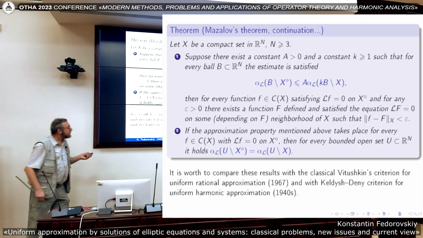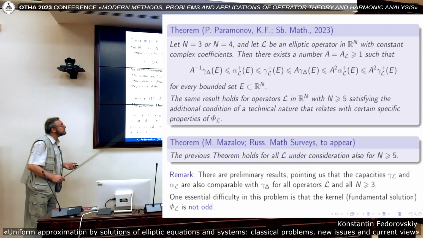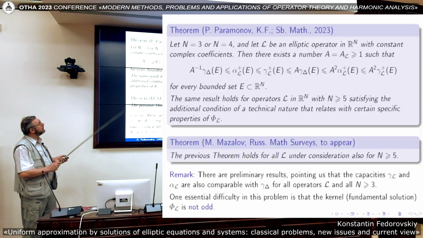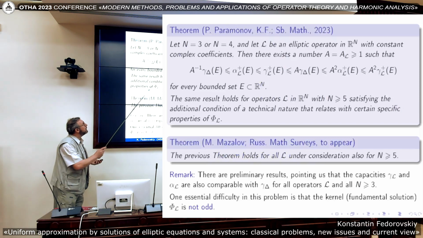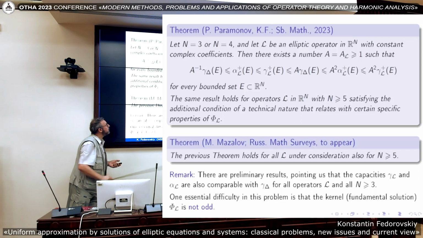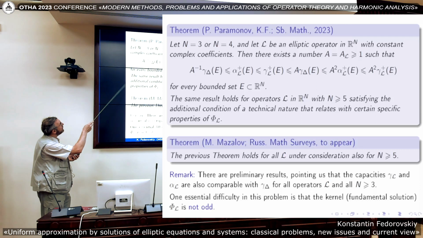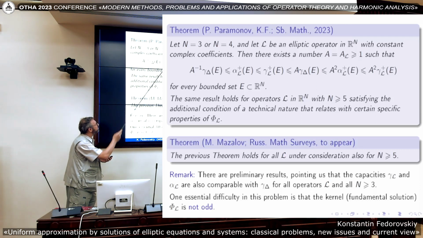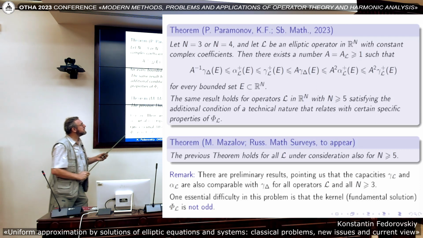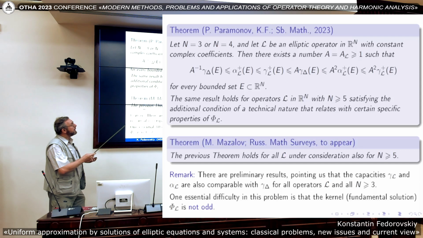And what we were able to prove with my colleague Peter Paramonov from Moscow University is that for positive capacity, for capacity gamma plus, in the case of dimensions 3 and 4, these positive capacities are comparable with the classical harmonic capacity.